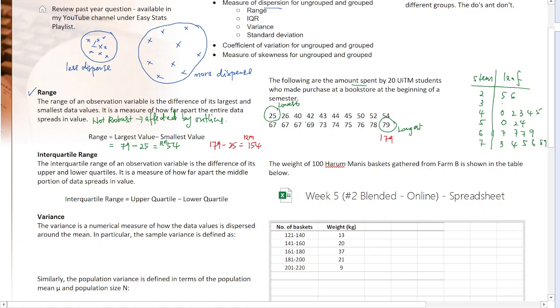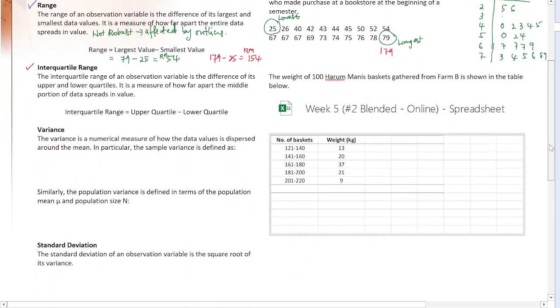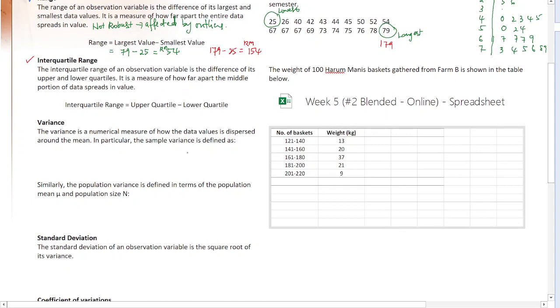And then you can also calculate what we call the interquartile range. So what is the interquartile range? Basically, the interquartile range is simply the difference between the upper quartile and the lower quartile. The upper quartile is Q3 and the lower quartile is Q1.